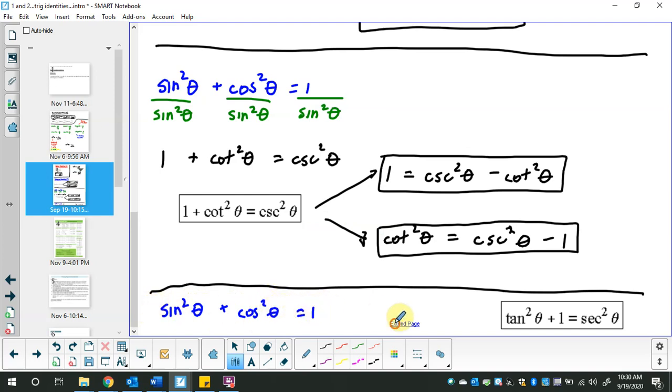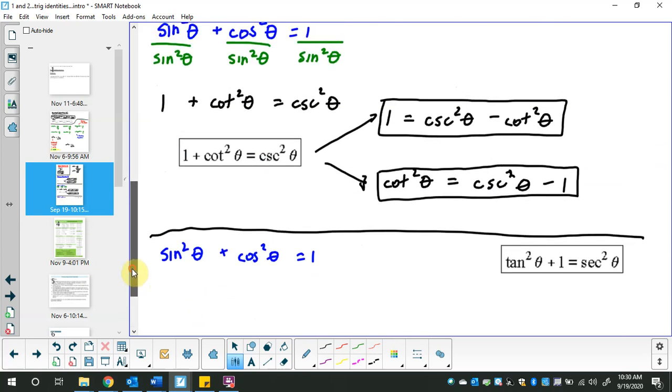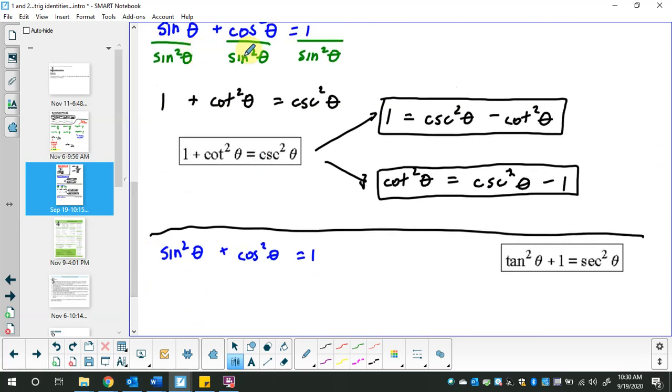And this time, instead of dividing by sine squared theta, I am going to divide by cos squared theta. I mean, let's face it, if we choose the other one, which is a 1, we're not doing anything at all. So now I go looking for my replacements, which is actually what trig identities are all about.